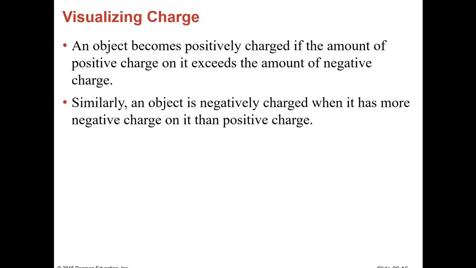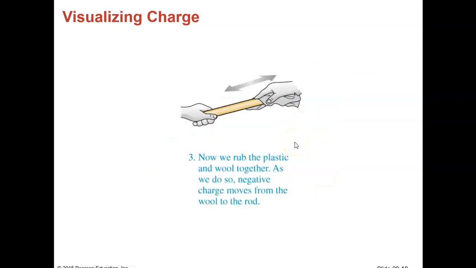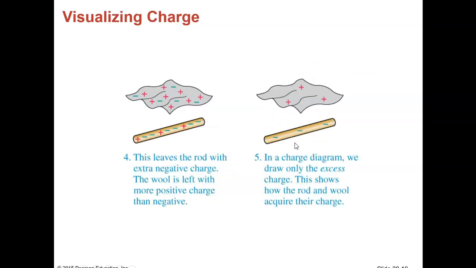Again, an object becomes positively charged when the amount of positive charge on it exceeds the amount of negative charge. Neutral means that there are even amounts of positive and negative charge. You rub them together, and now one becomes more positive and one becomes more negative.